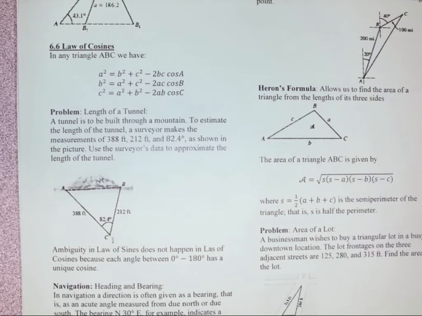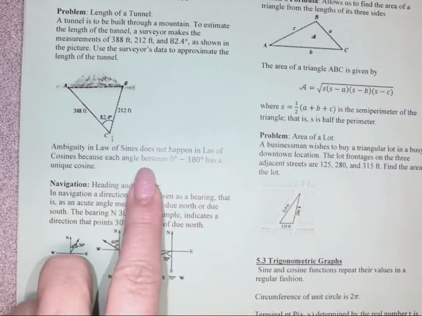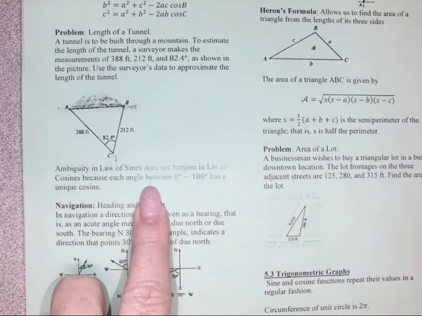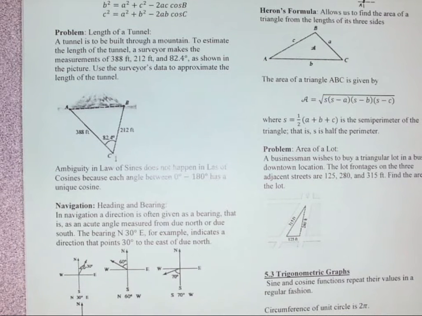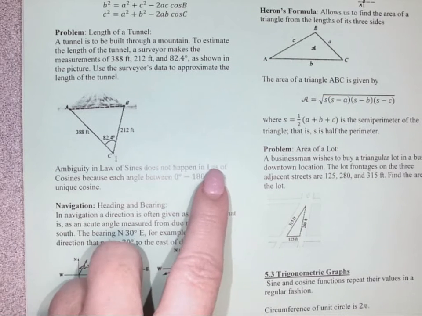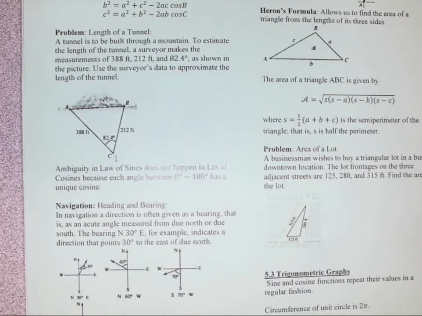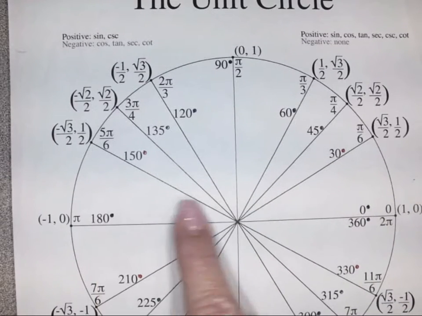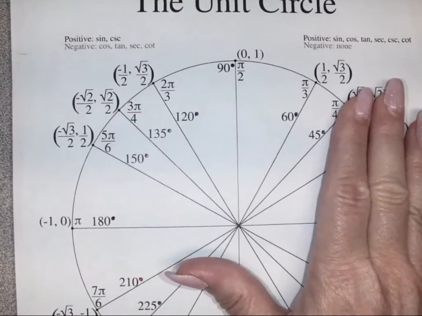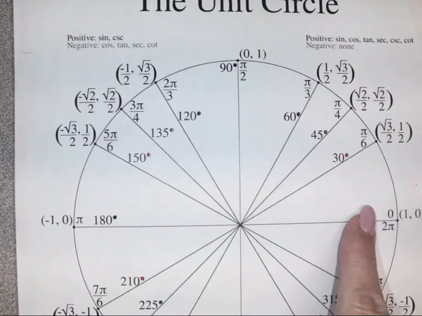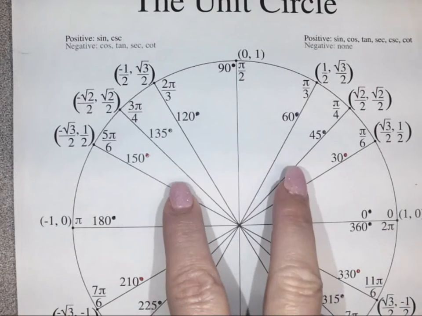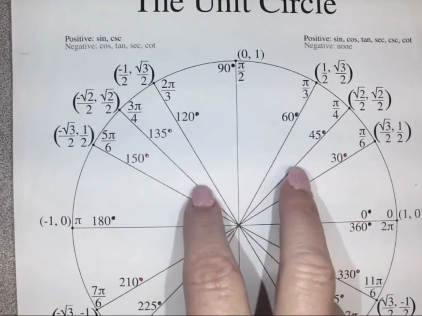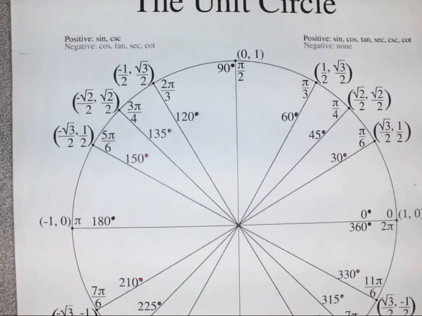One thing I want to point out before we do that is the ambiguity in the law of sines. If you remember, the law of sines, there was some ambiguity. It doesn't happen in the law of cosines, because each angle between 0 and 180 degrees has a unique cosine. Between 0 and 180 degrees, we have a unique cosine because we have positives and negatives. But when we look at the law of sines, between 0 and 180, there are two angles that have the same value for sine.